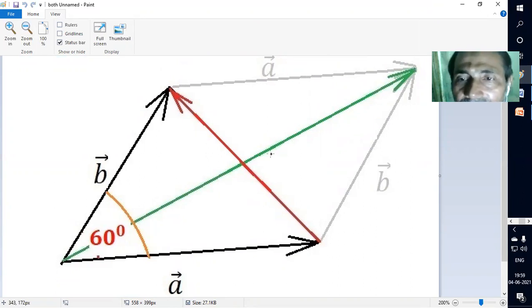And another diagonal is also there, this red color diagonal. This red color diagonal is indicating the difference of the two vectors A and B. So every parallelogram has got the two diagonals. One diagonal shows the sum of the vectors and other diagonal shows the difference of the vectors.